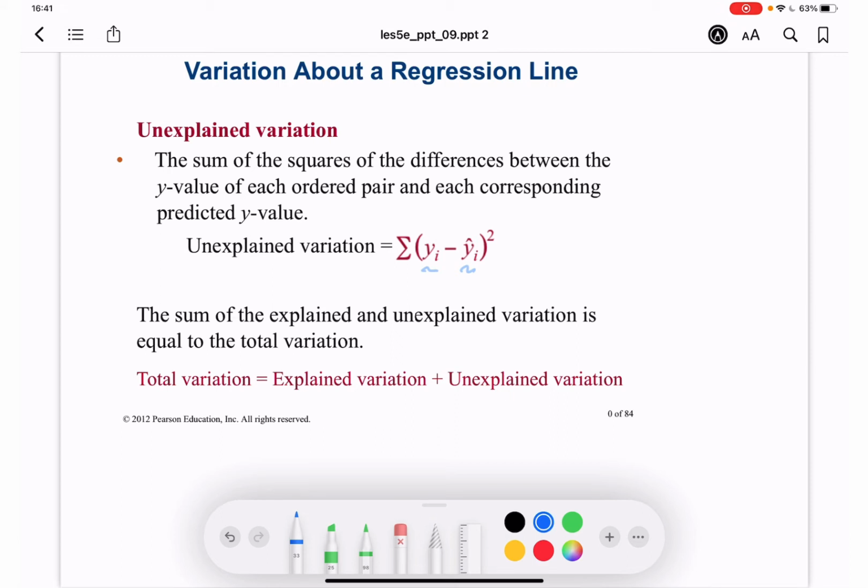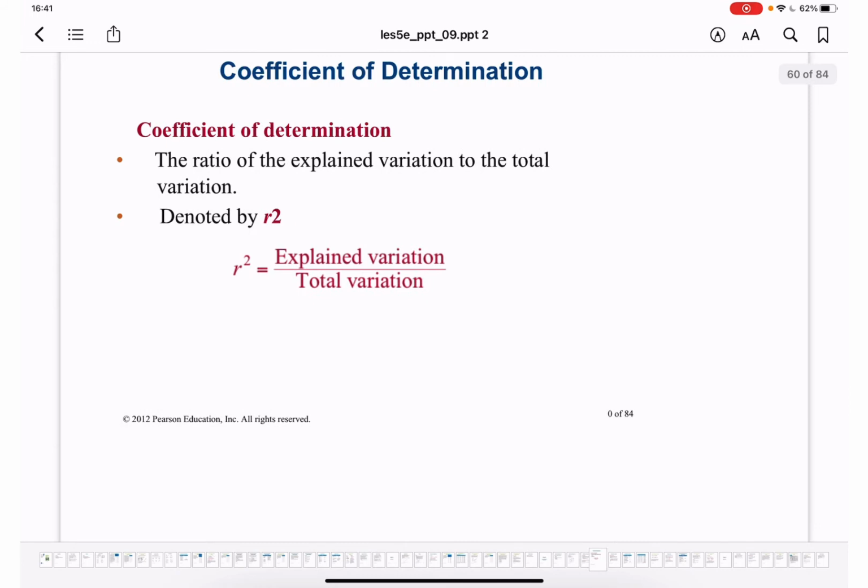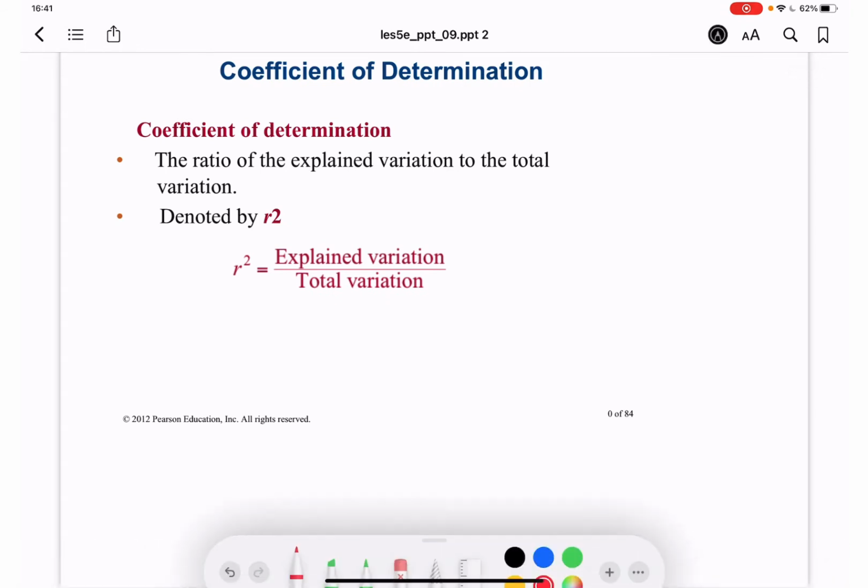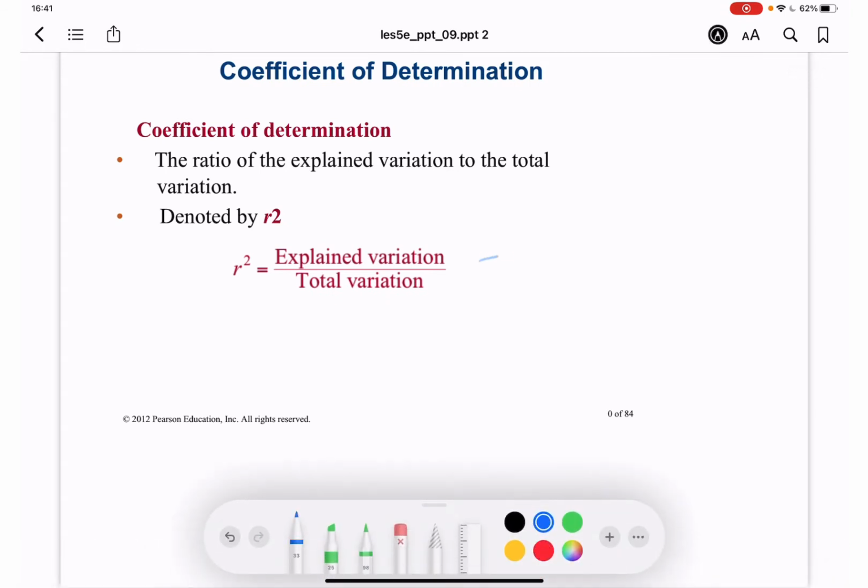Okay, so total variation is equal to explained variation plus unexplained variation. Okay. Coefficient of determination is the ratio between explained variation and total variation, explained over total.